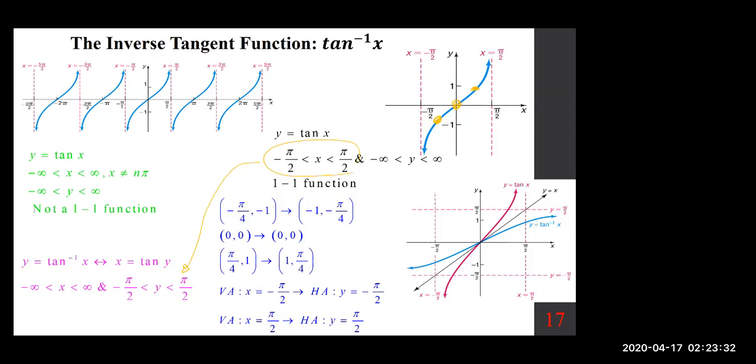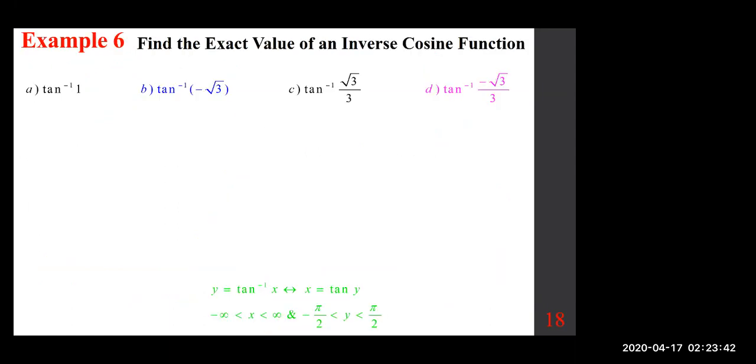Let's go to the next page, class, and answer some questions. This is just basic as before, okay? Tan inverse of 1, just quickly, I'm going to write one of them, then I'm going to give you a couple of minutes to do the rest. Tan inverse of 1, I don't know the answer. Let's call it theta.